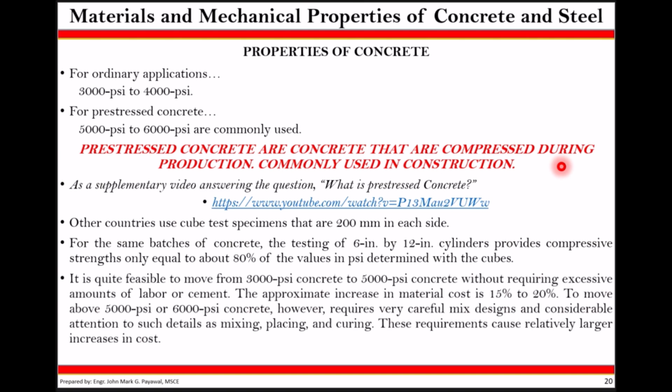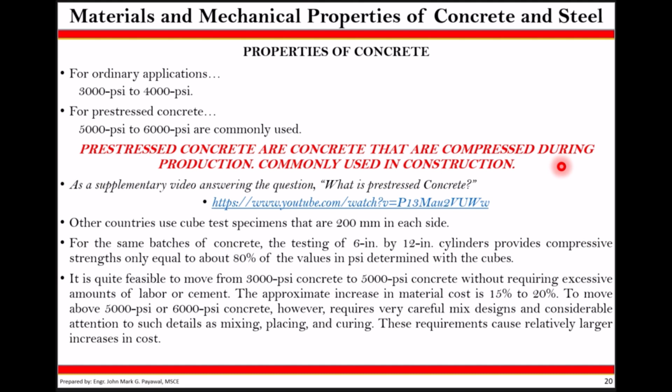It is quite feasible to move from 3,000 to 5,000. The approximate increase in material cost is 15 to 20%. So if you want to increase the strength, most definitely you also want to change or increase your material cost.